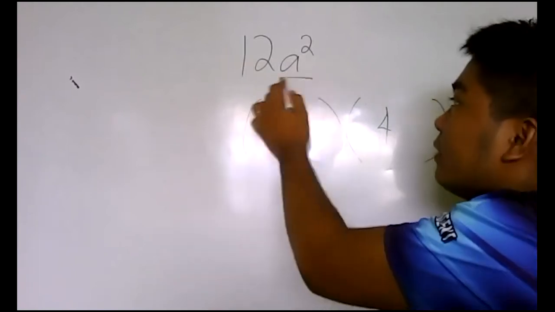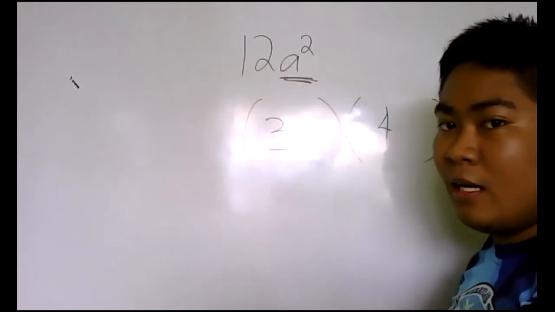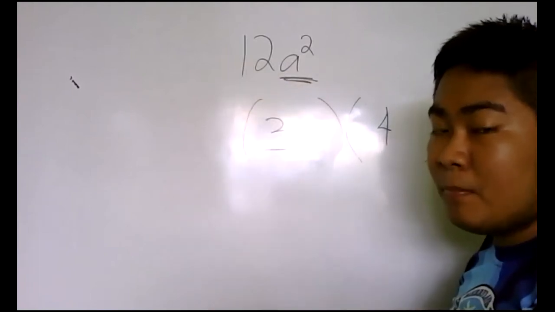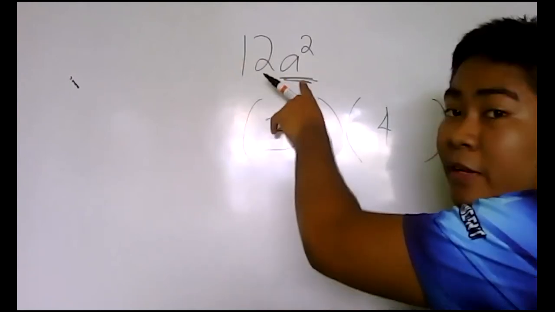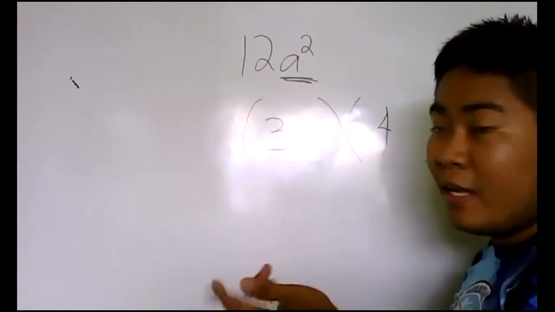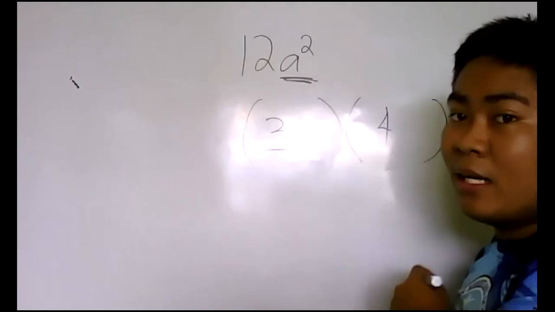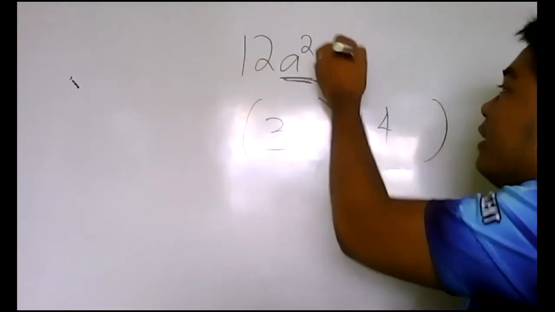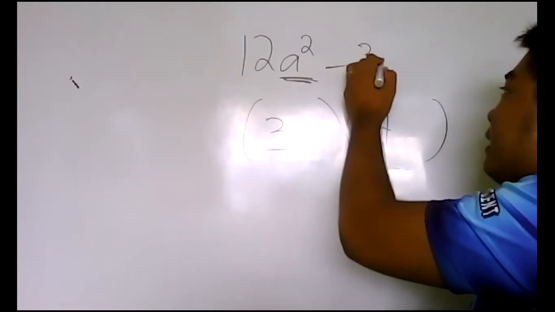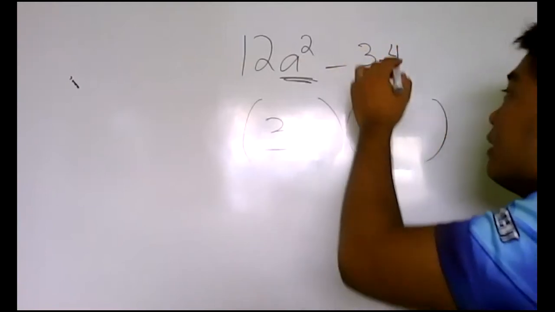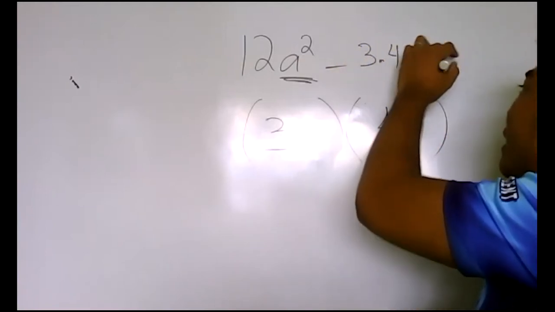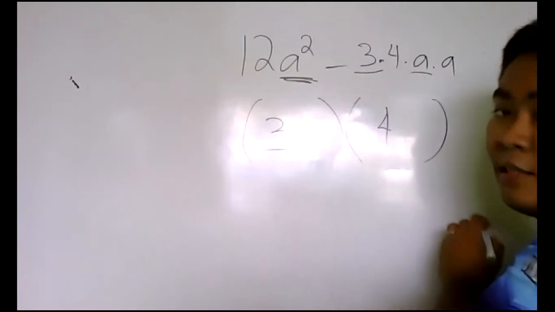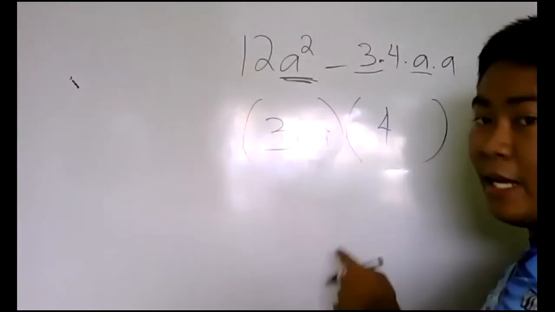So how about the variable? We have a squared. So ilang a ang meron dyan? Dalawang a. So kapag pinactor natin yung 12a squared, we have 3 times 4 times a times a. Kunin natin si 3, saka si a doon. Therefore, it becomes 3a.